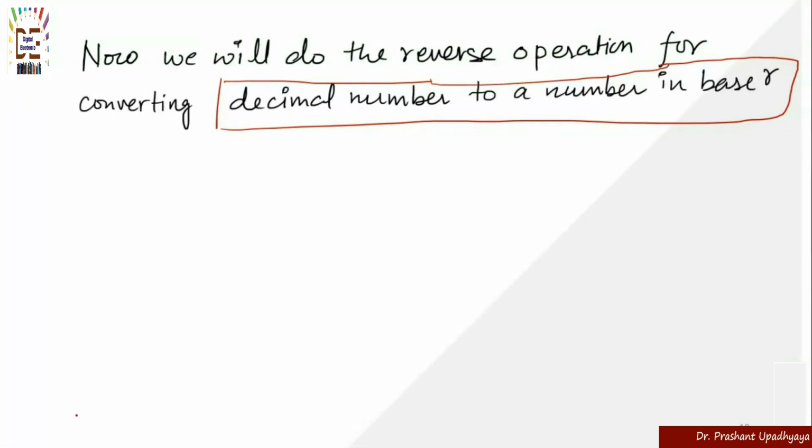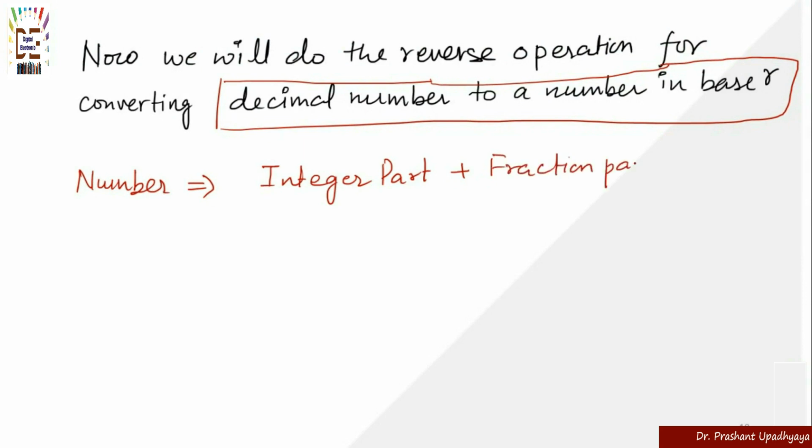A number can be represented in two forms: it has an integer part plus a fraction part. An integer number means we do not have a decimal point. So how to represent this integer part and this fractional part in different bases is our next topic.